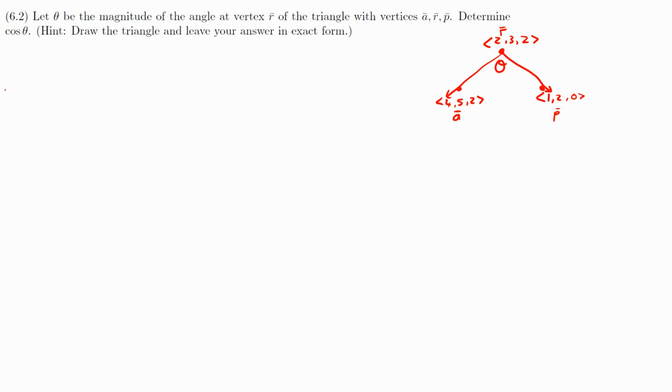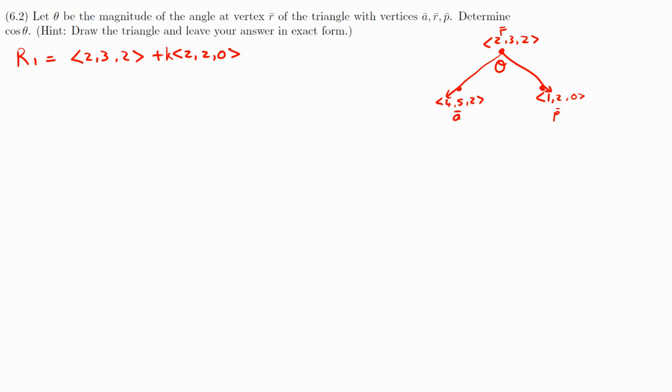So let's find rays first. That's how we determine magnitudes. So ray 1 is equal to 2, 3, 2 plus k times 4 minus 2 is 2, 5 minus 3 is 2, and then 2, that's that one. So let's make this k. And this is the directional vector because it's a ray.